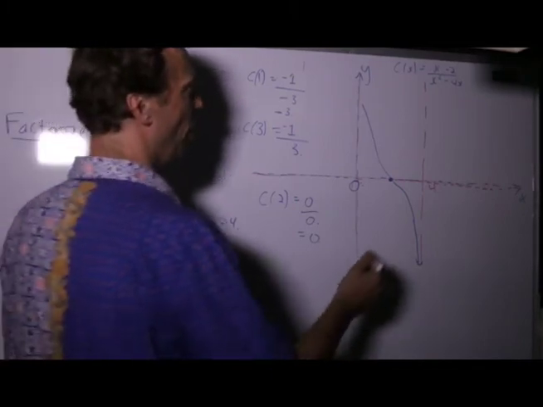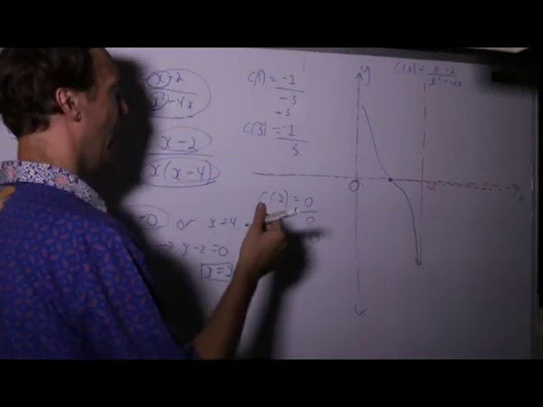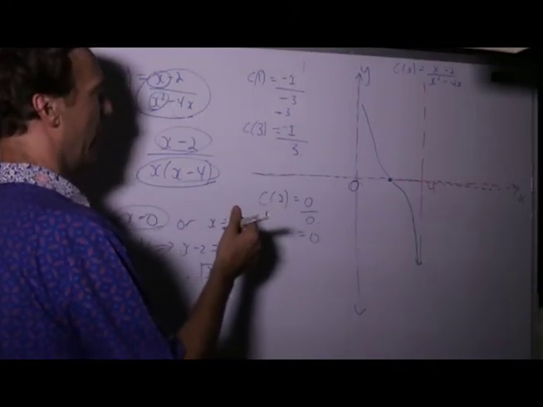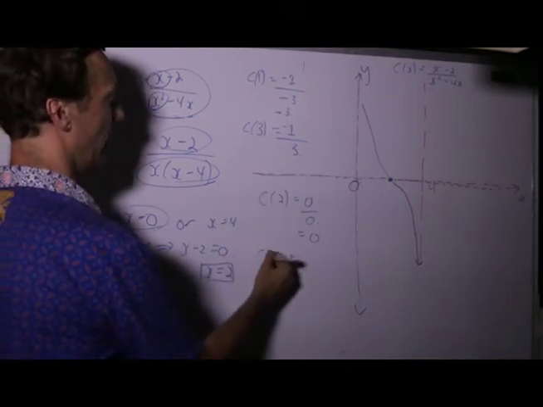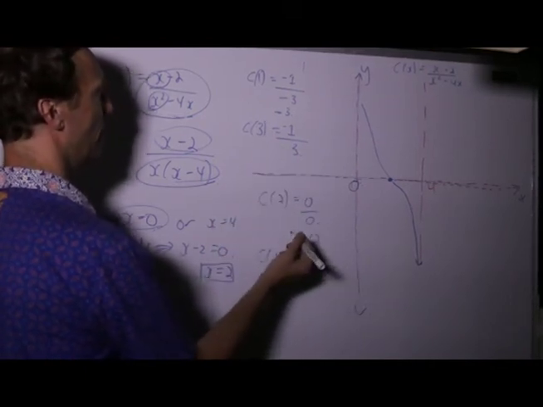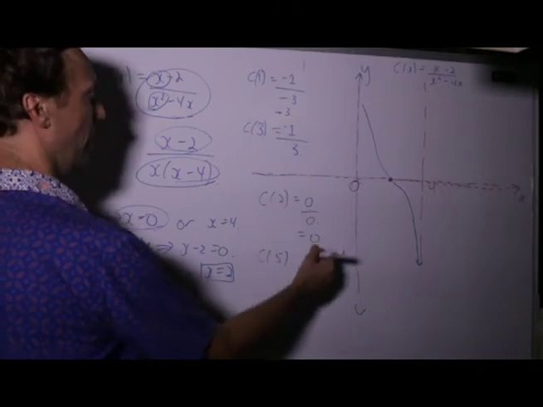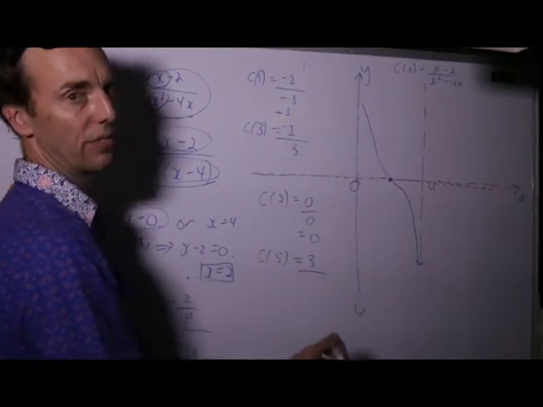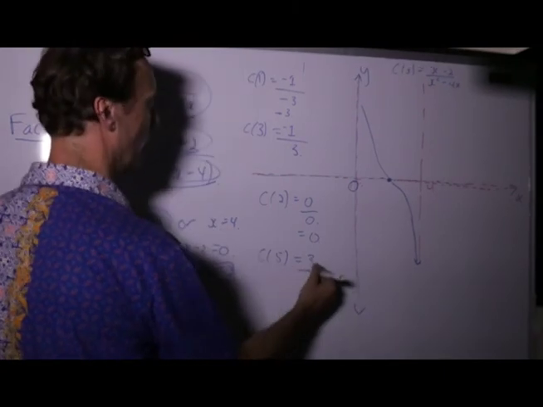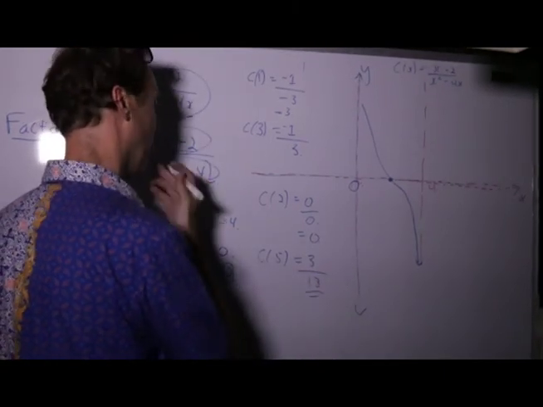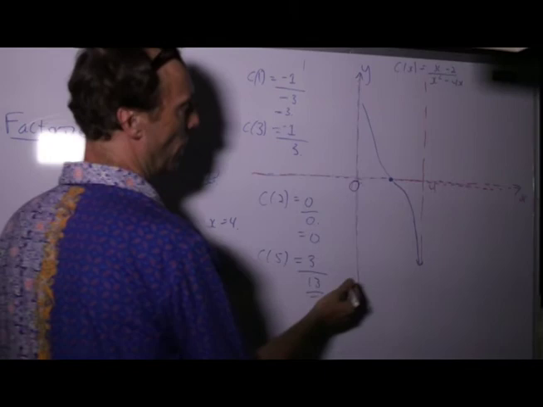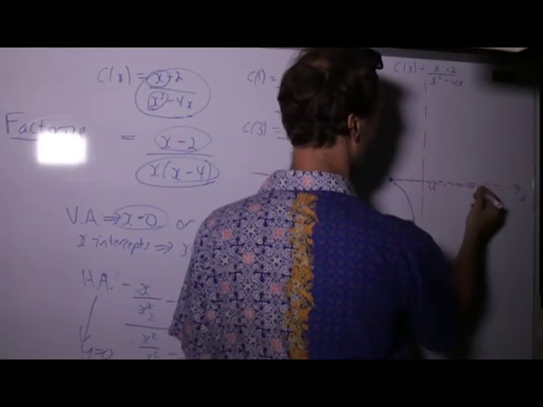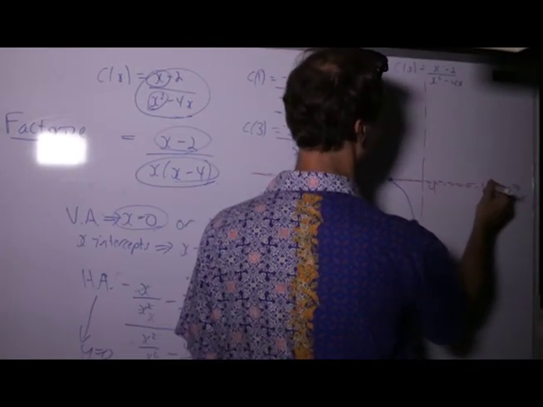Now, let's test c of 5. c of 5 equals 3 over 25 minus 12, which gives us 3 over 13, a small number. So obviously, as we're going along here, you can test other values.